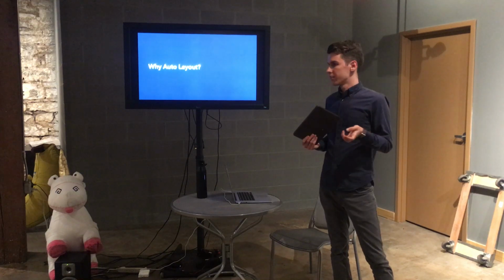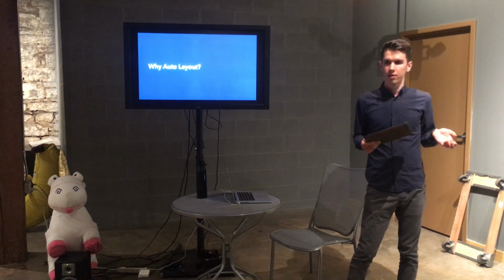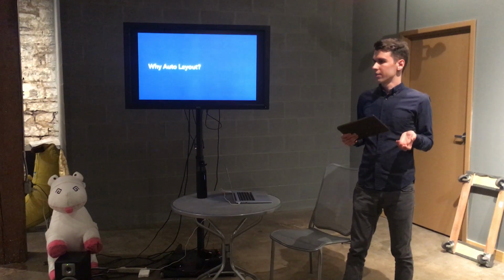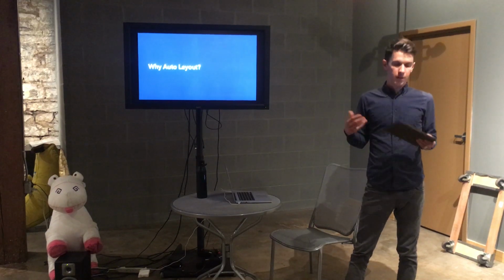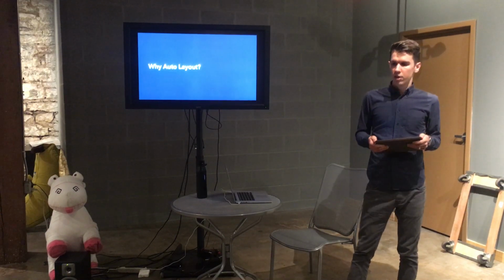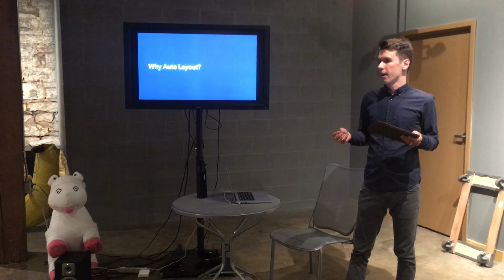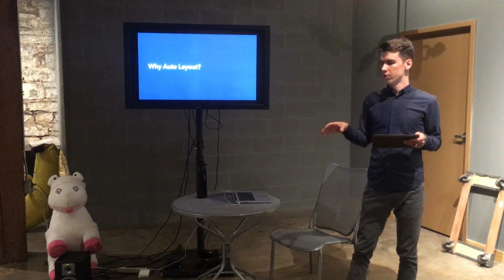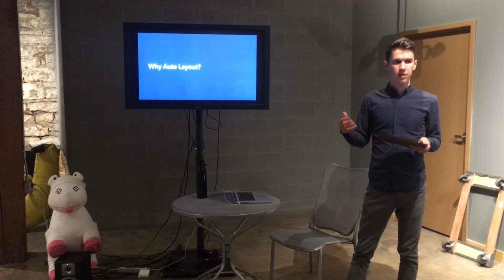And as we touched on, auto layout relies on constraints. So what's a constraint? Basically, a relationship between two views. Back in the old days, say you wanted to have a view and another view that always shared the same center.